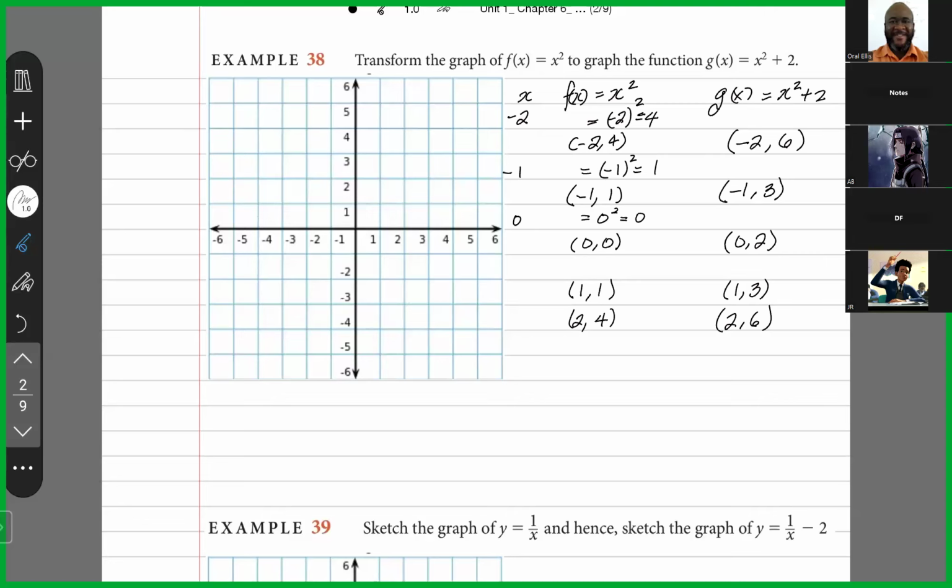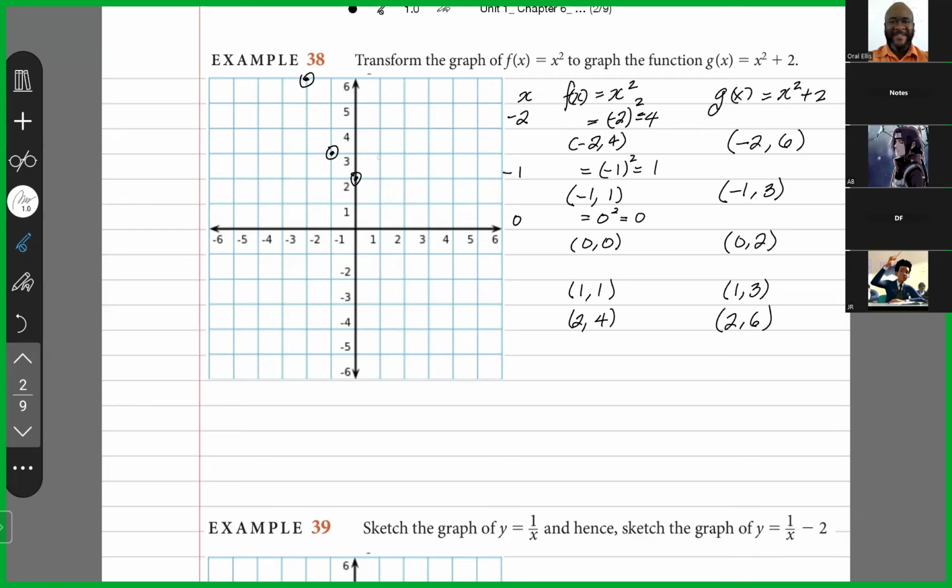We have minus 2, 6. That would be here. Minus 2, 6 is here. We have minus 1, 3, which would be here. We have 0, 2, which is here.